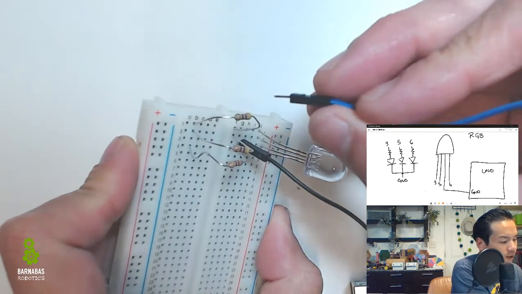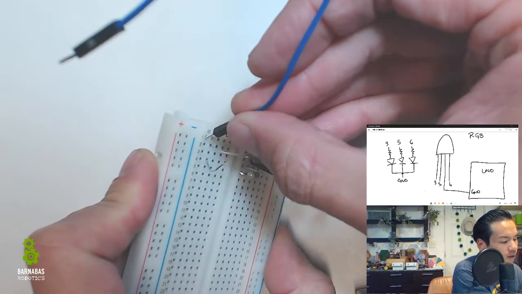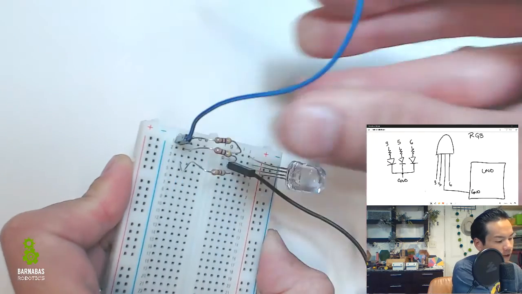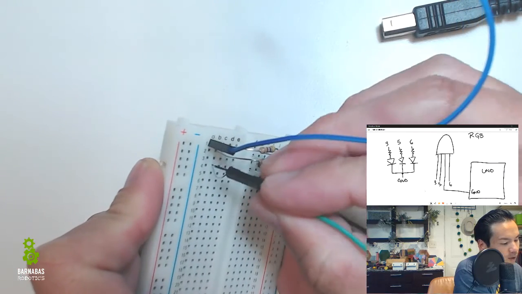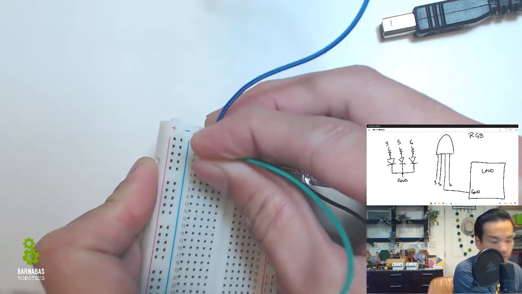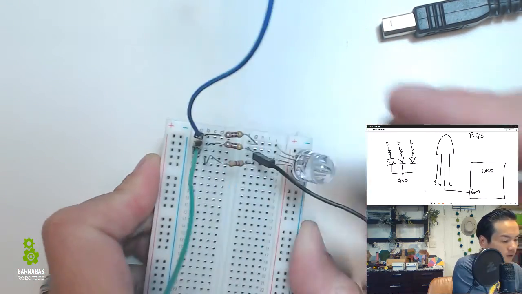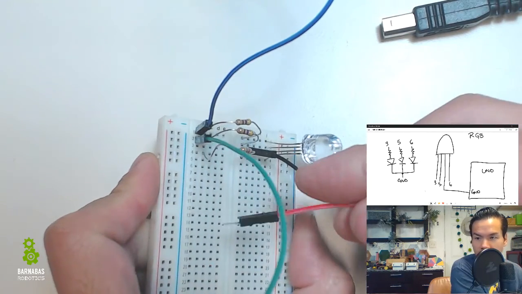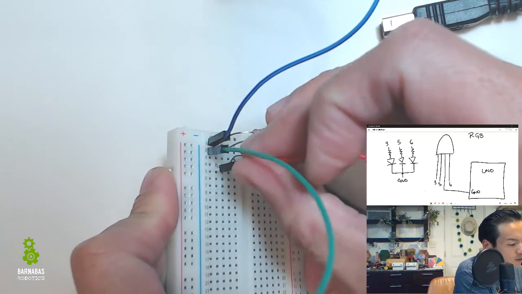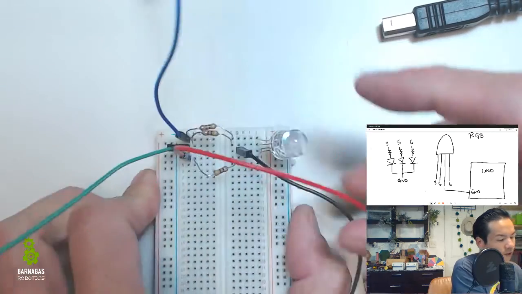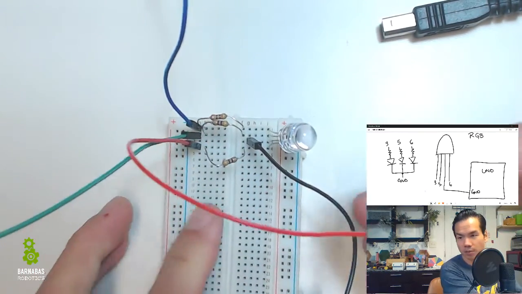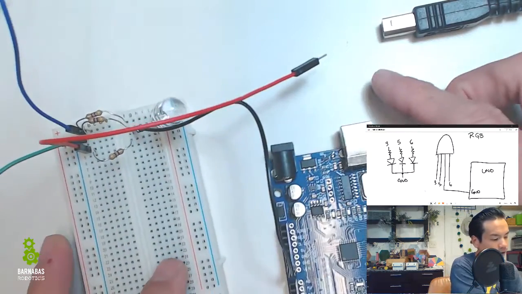Let's first do pin this one up here. I'll put blue here, and then green I'll put in row 2. And then red, I'm going to put in row 4. All right. And then let's go ahead and plug these into the Uno side.